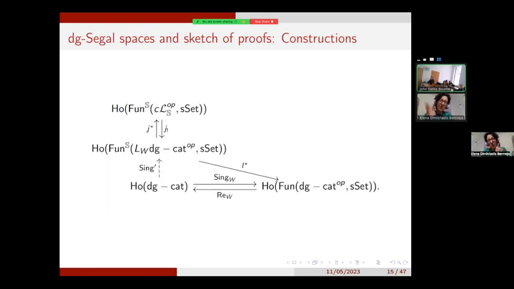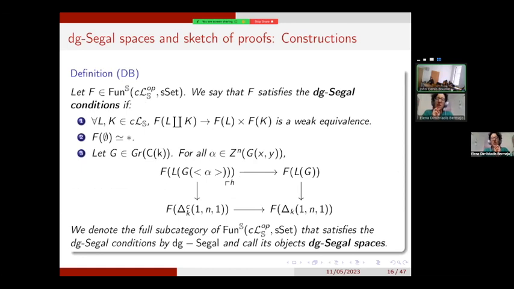Okay, so now we want the images of Sing. So we define DG Segal spaces.